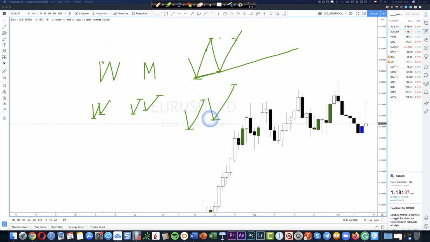Once you have that, you can connect those 2 points and draw a trend line. And the same goes for the M, which is the opposite. A V, an inverted V, okay? High, lower, low, low. Now we can connect the trend lines.